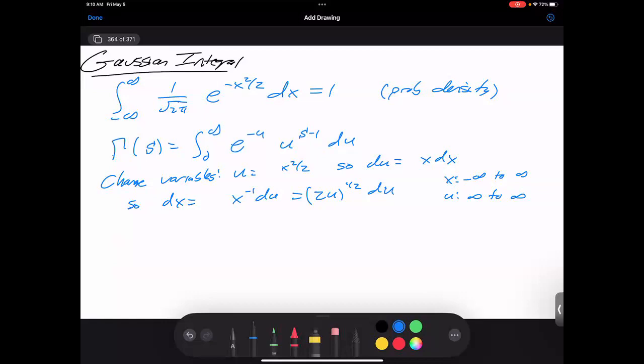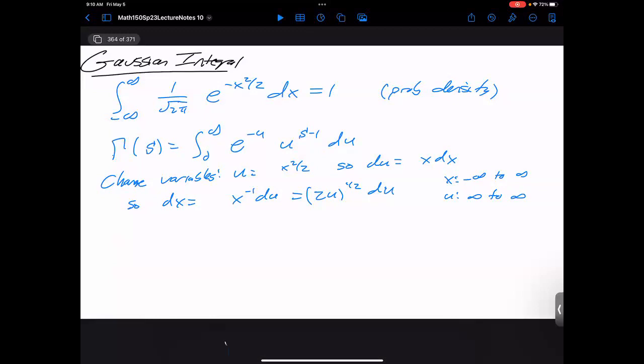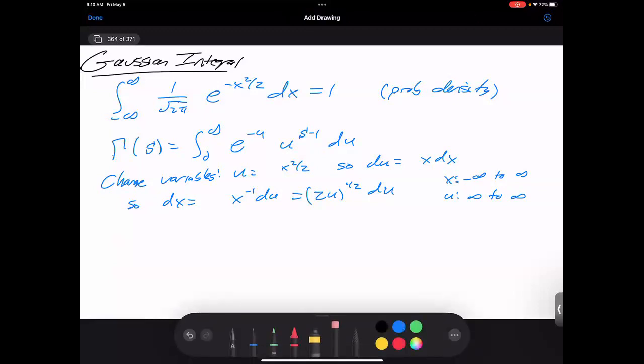So what we can do is we can fix things. Instead of integrating from minus infinity to infinity, let's change this and let's integrate from 0 and double it, because the integrand is symmetric. If you integrate an even function from minus infinity to infinity, that's the same as integrating from 0 to infinity and doubling.